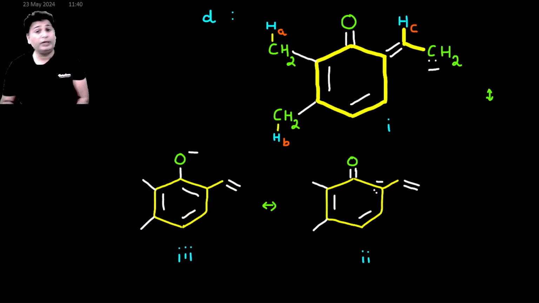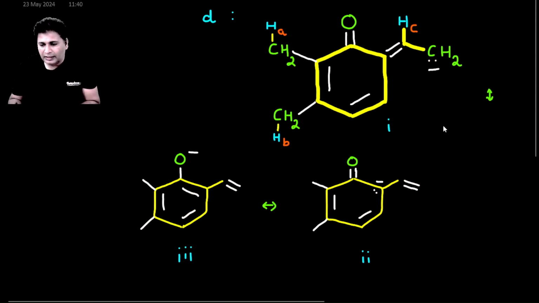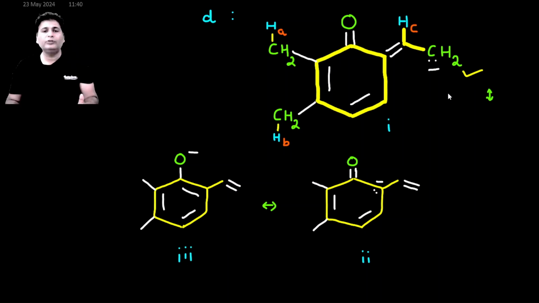Coming on to D now. If you see D, here you had D with you, and I have given out that hydrogen as H plus, and the carbon from where it was attached gets the carbanion character. Now if you see this negative charge and try to see if there is any possibility of conjugation, resonance, delocalization, yes, you have the possibility.